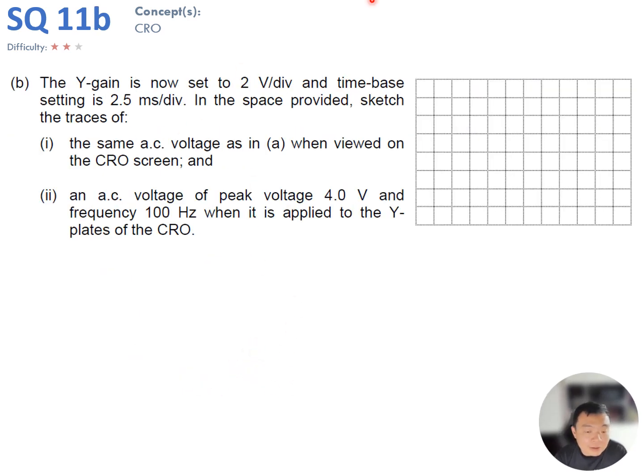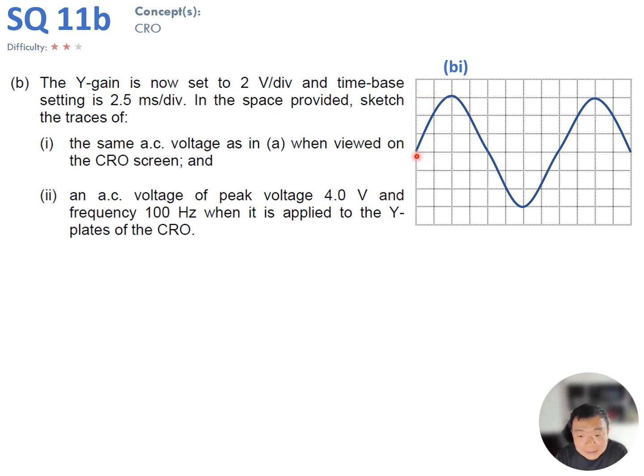Now in part B, if we have the same input but we adjust the Y gain and time base, this will be the answer. So now we are using 1, 2, and 3 vertical boxes, and each division represents 2 volts. That's how you can get back the same 6 volts as before.